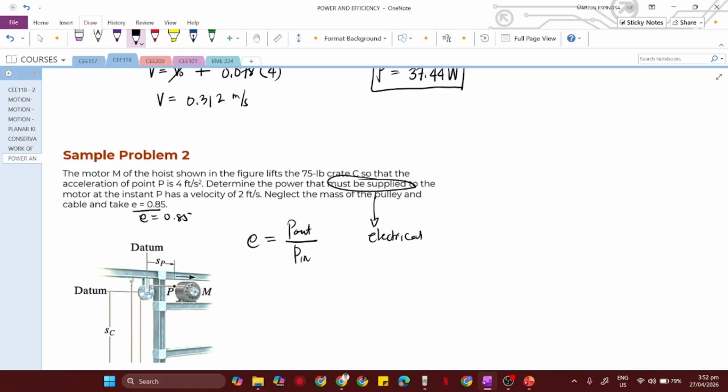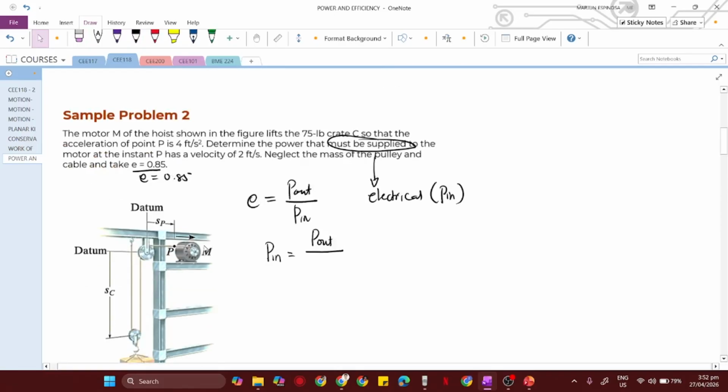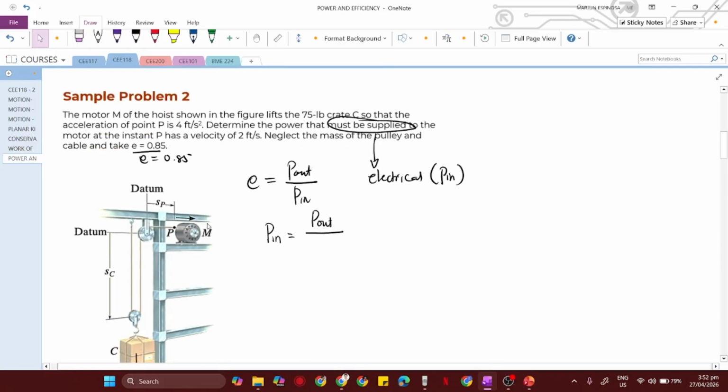So, yan yung power input. So, ano yung dapat i-input na power sa motor para ang mangyari is that itong 75 pound will have a speed of 2 feet per second. Okay. Ito, this is efficiency. So, anong pwede natin gawin dito?